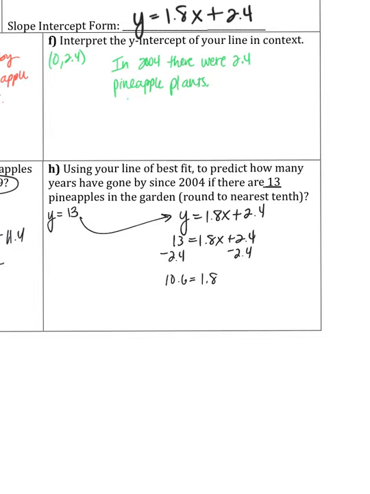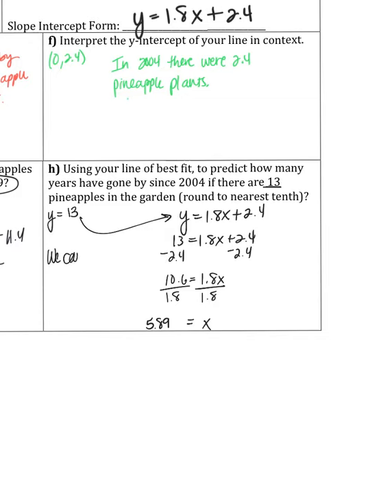equals 1.8x. We can divide each side by 1.8, and we will get that x is equal to approximately 5.89. So, how many years have gone by since 2004 if there are 13 pineapples in the garden?